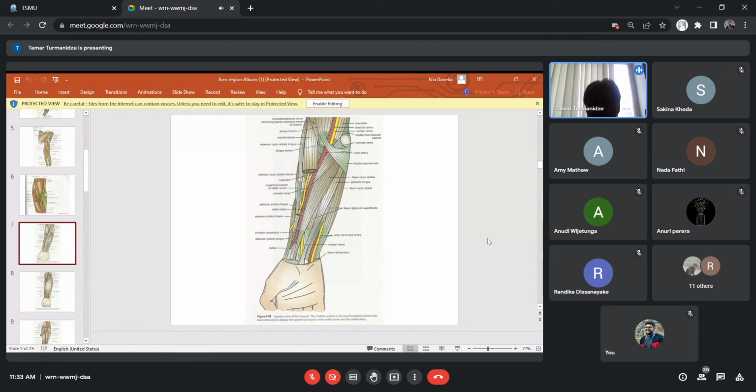And in this case, what is done? If pus accumulates in Pirogov's fat connective tissue space, an incision is done medially and laterally above the styloid processes of the radius and ulna.